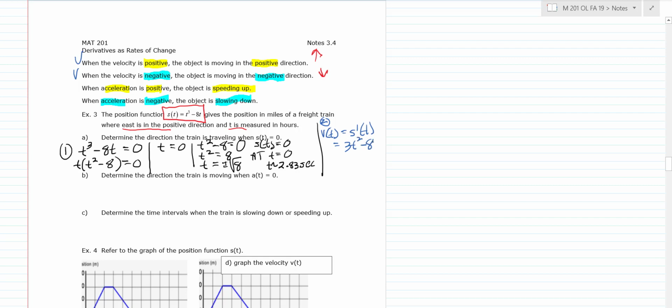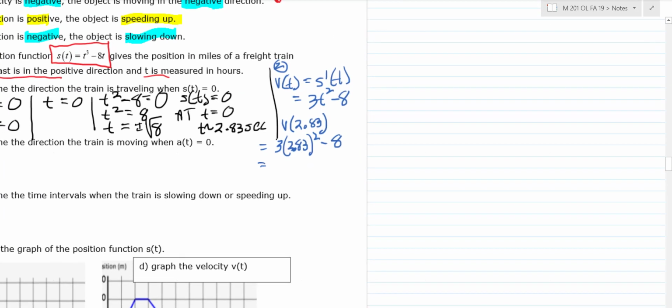Then what would happen here is we're not going to worry about time equals 0. We're going to worry about some positive time. So we're going to go ahead and do v of 2.83. So we do 3 times, and plug in that time. So I'm going to do 3 times 2.83 squared minus 8. And then just work that on a calculator and see if we get a positive or negative answer.